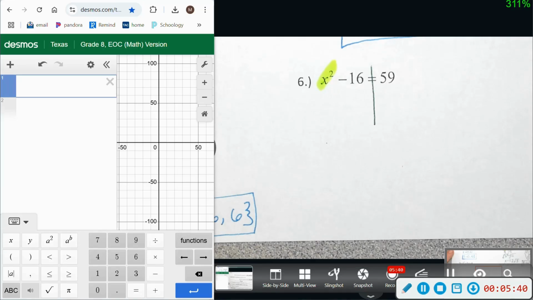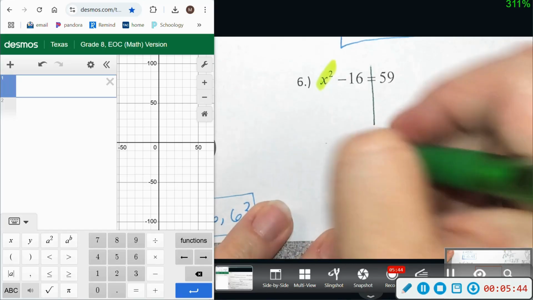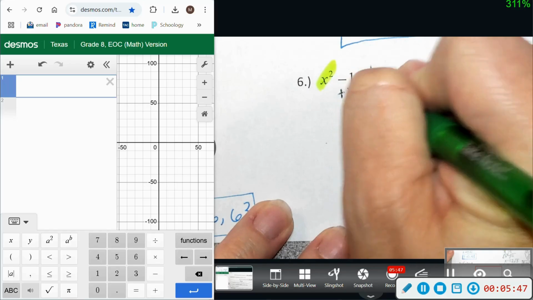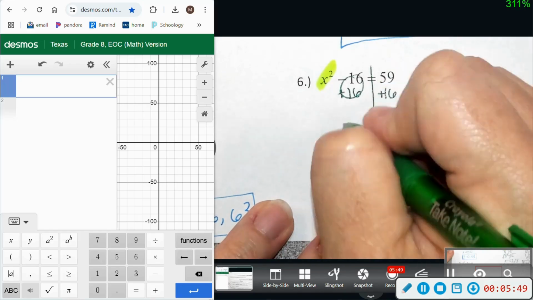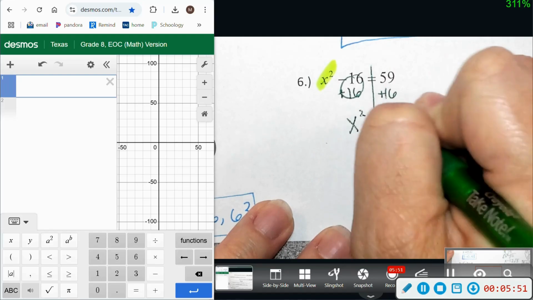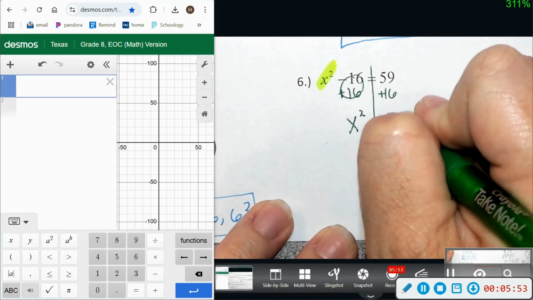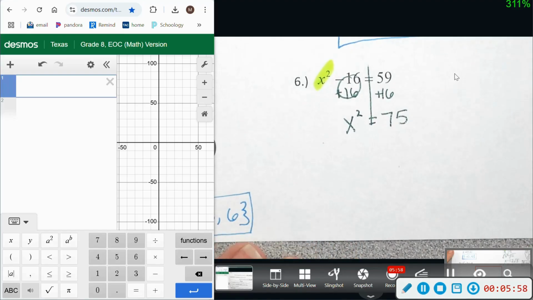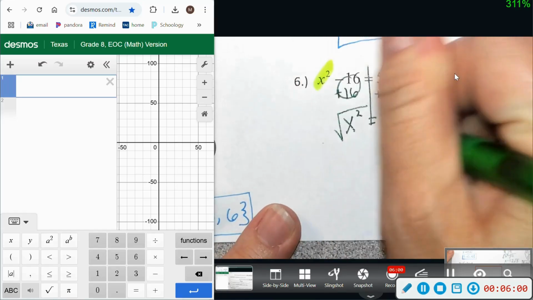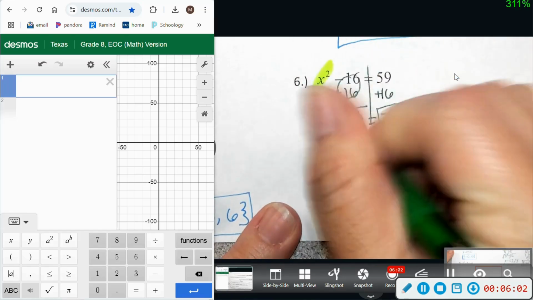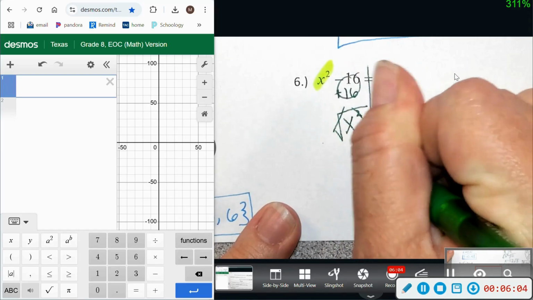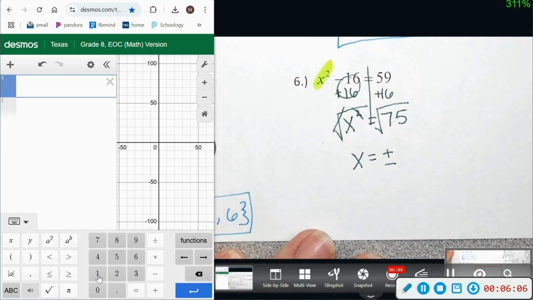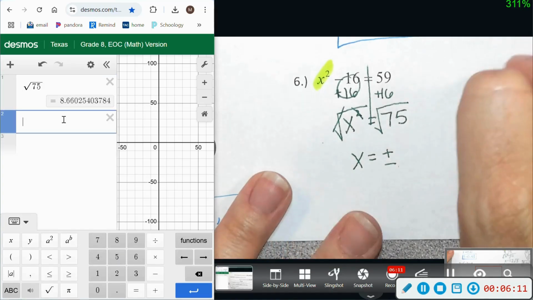What do we do first? Yes, I have to add 16 to both sides. And what's 59 plus 16? 75. Okay, is 75 a perfect square? Did anybody check it? Because next thing we should do is square root both sides. Square root cancels the squared, so we get x equals positive and negative. But 75 is not a perfect square if we check it. So we have to start by breaking it down.